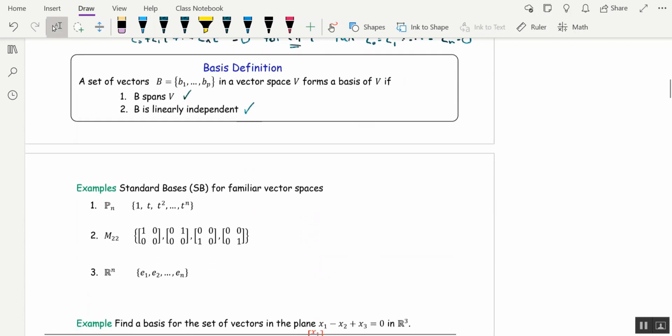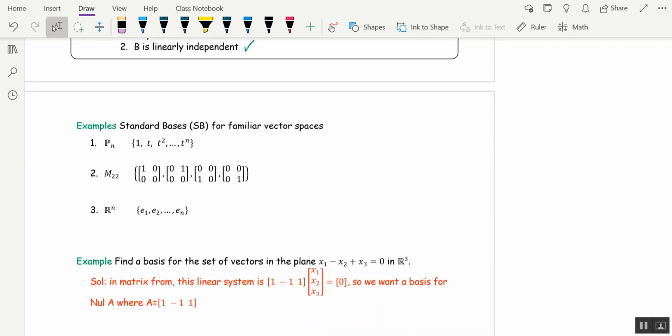Let's look at some standard bases. All right, the standard basis, which I just abbreviate as SB, for Pn is the n plus 1 polynomials 1, t, through t^n. I'm stressing n plus 1 because when we talk about dimension, that number will be important. In M22, these 4 matrices form a basis for M22.